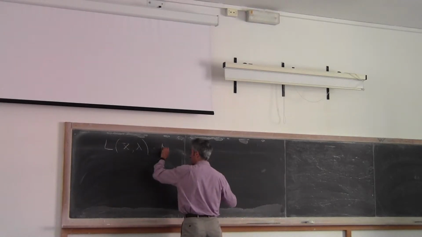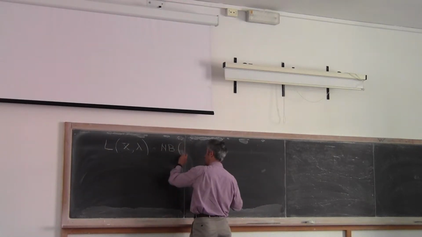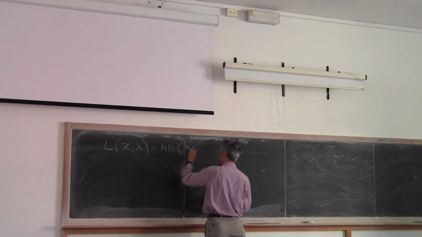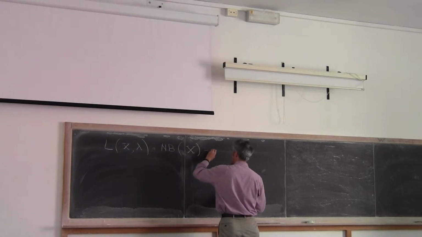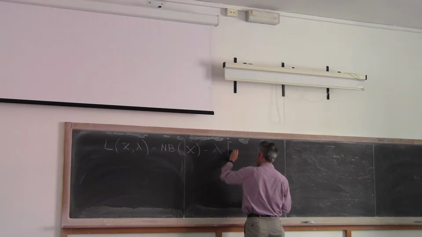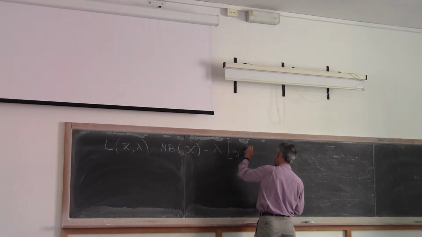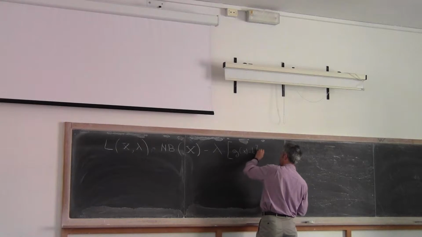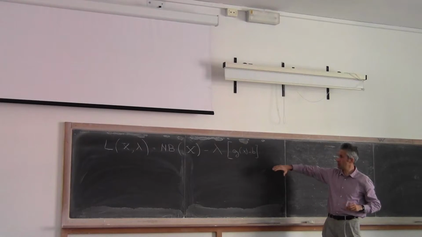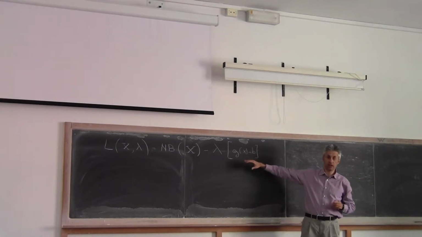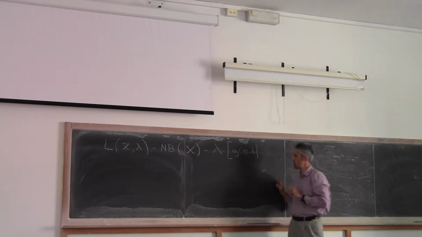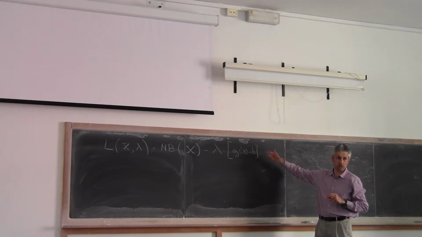It's expressed by an objective function, which we indicate with the symbol MB, which depends on the decision plan, minus a multiplier lambda, which multiplies a constraint that we can express as a function g of X of the decision plan minus a constant.